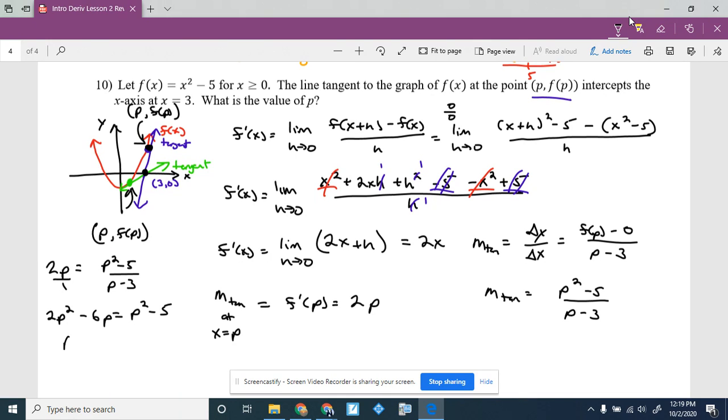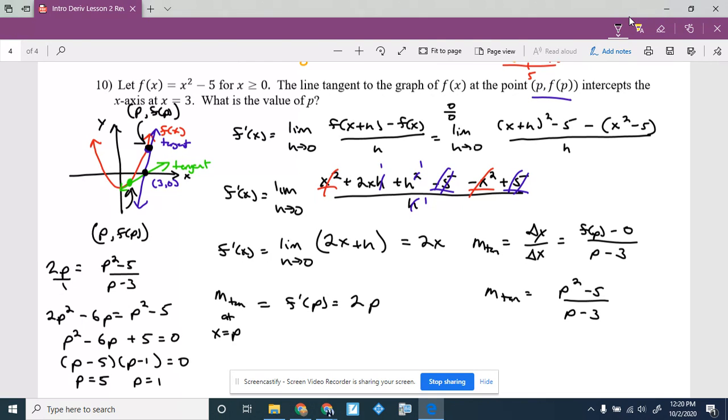Subtract the p squared over, leave the 6p there, and then add the 5 over. And so now hopefully I can factor this. I think p minus 5 and p minus 1 is going to work, because that's going to multiply to 5 and add to negative 6. So take a look at this awesomeness. I get p equals 5 and p equals 1, which makes sense because of how I drew the picture.